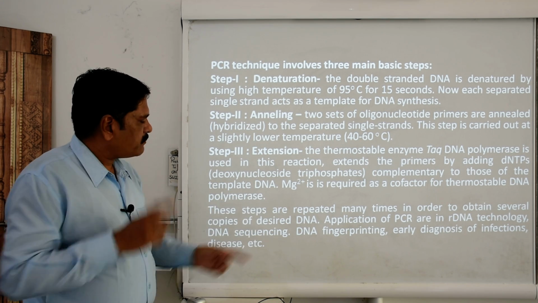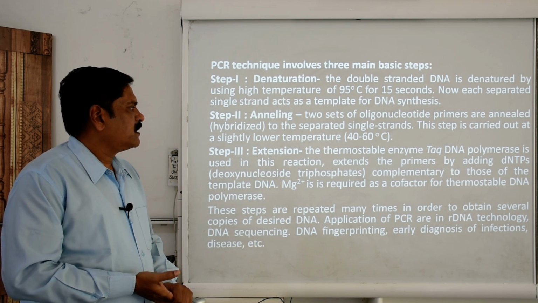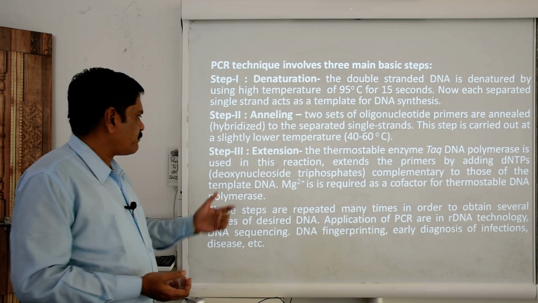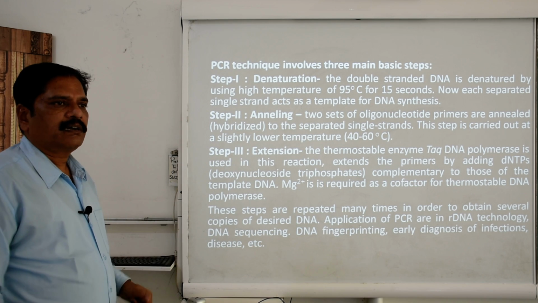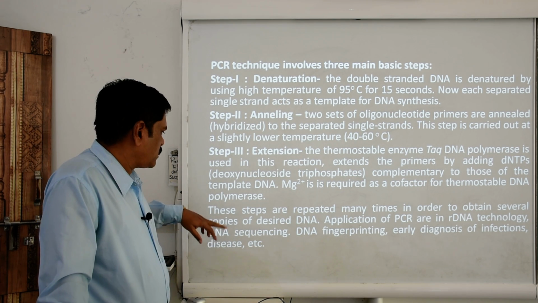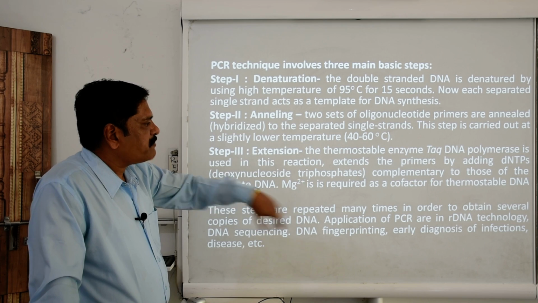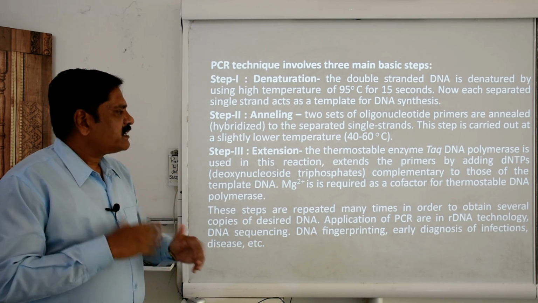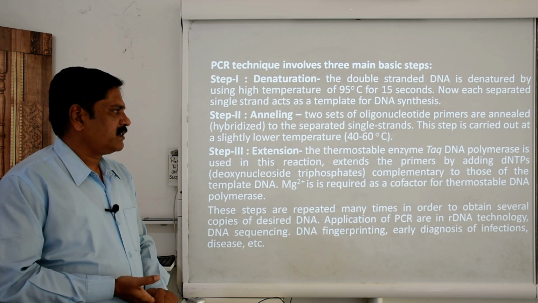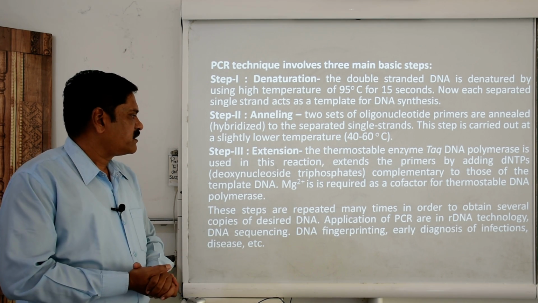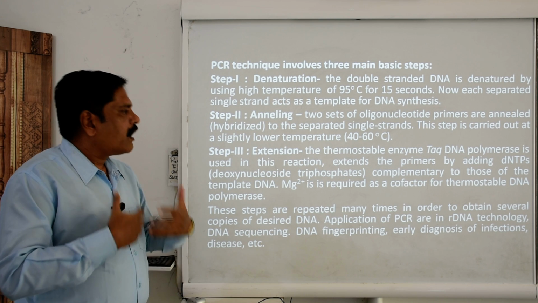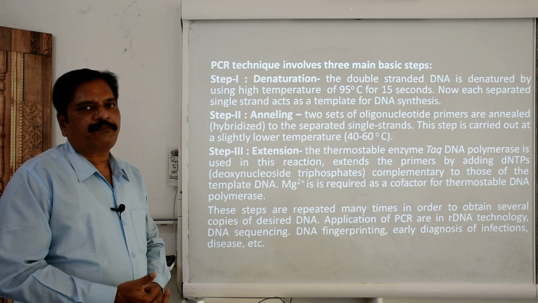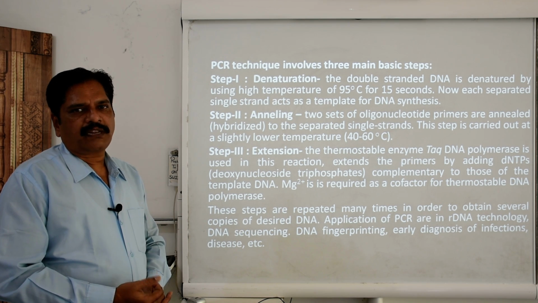Magnesium ions are required as a cofactor for the thermostable DNA polymerases to keep them in constant condition. Clear? And these steps are repeated many times in order to obtain several copies of the desired DNA. Applications of PCR include recombinant DNA technology, sequencing, DNA fingerprinting, and early diagnosis of infectious diseases, and it is now very popular as a diagnostic methodology.